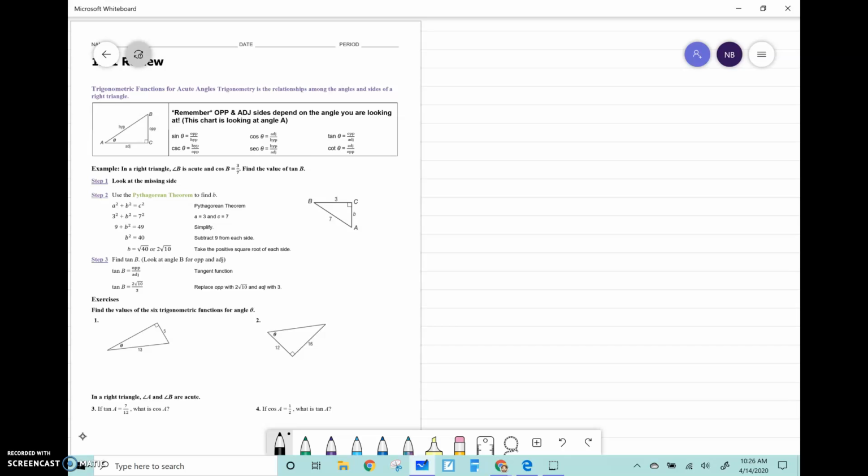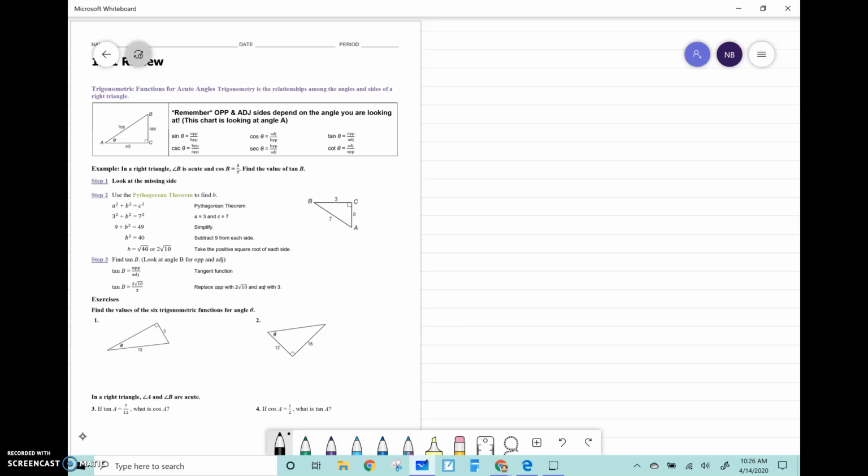Likewise, if they were looking at angle B, then the hypotenuse, which is right here, would stay the same because it's always across from the right angle. But if we were looking at angle B, then our opposite and adjacent sides would change. So that's very important before you start: look at what angle they're looking at, because that will determine what your numerator and denominator are.